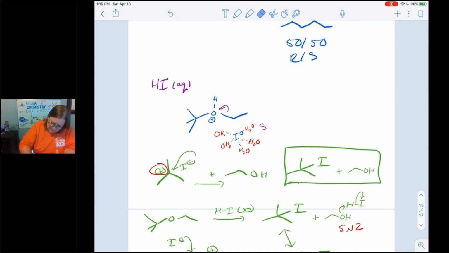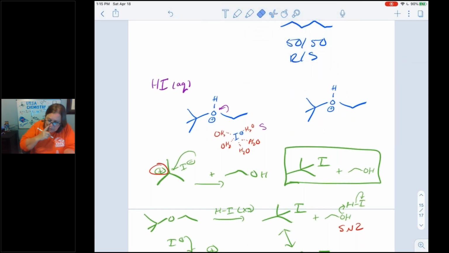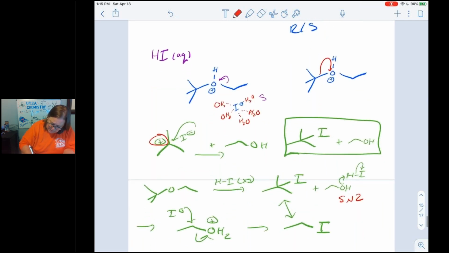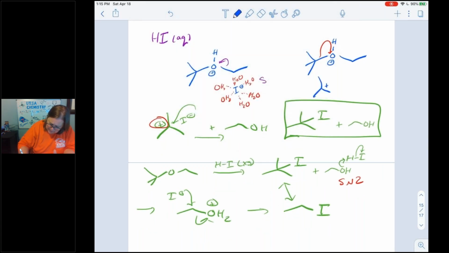It's all about two different rates of chemistry. What's going to happen first? If I couldn't form a carbocation, eventually iodide would do an SN2 substitution, but this is going to happen much faster. These two are basically racing to the finish line, and that tertiary carbocation is going to form much faster. That's why we don't see any SN2.